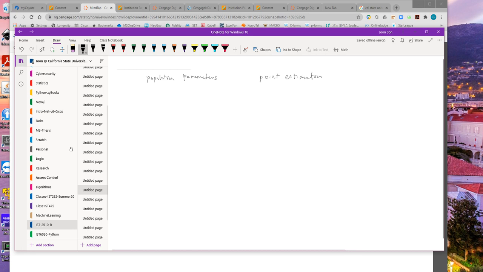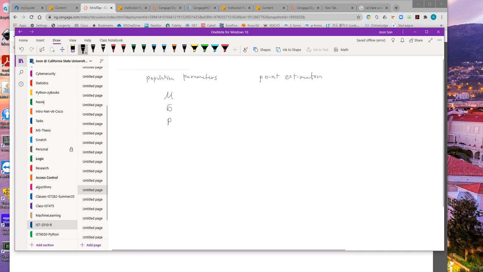The population parameters: the first one is mu, which is the population mean, and then sigma, which stands for the population standard deviation, and finally, p is the population proportion.